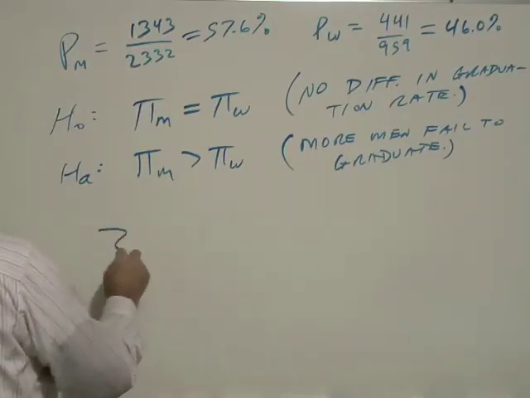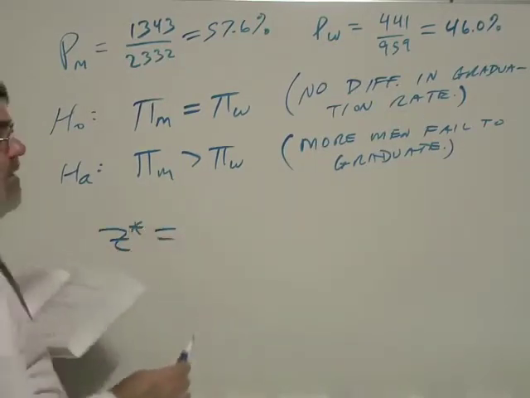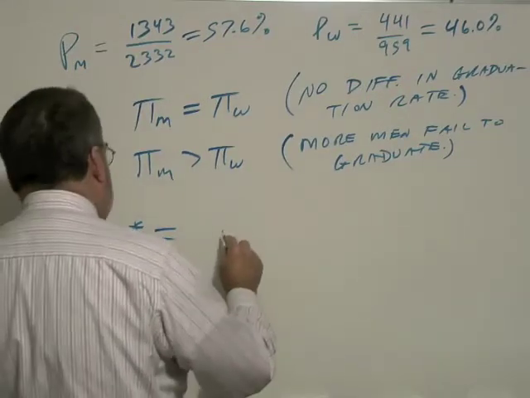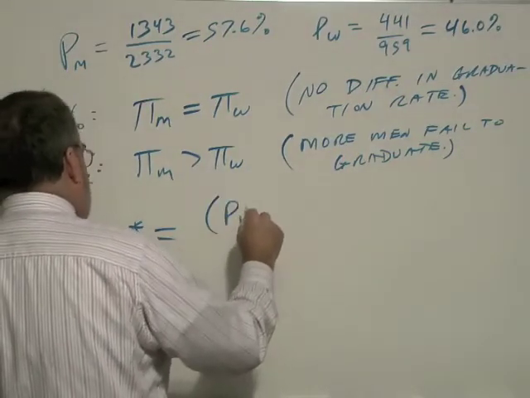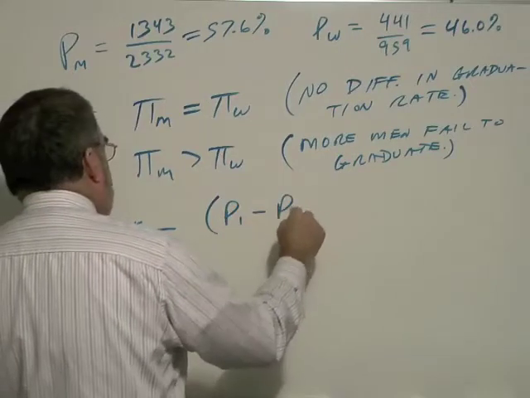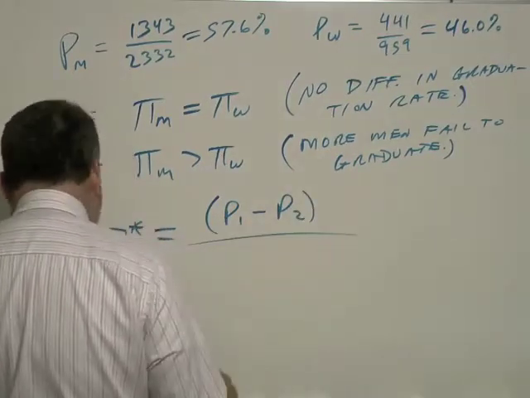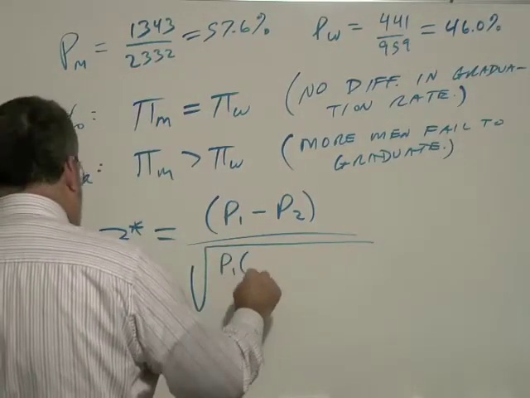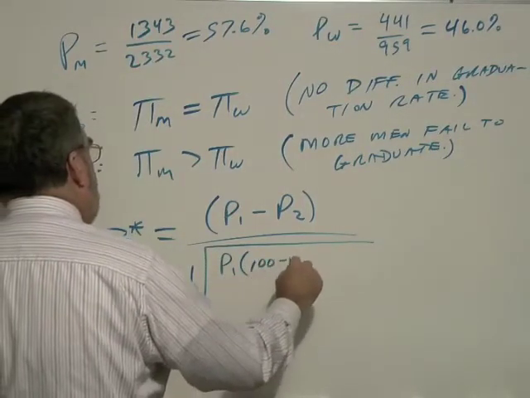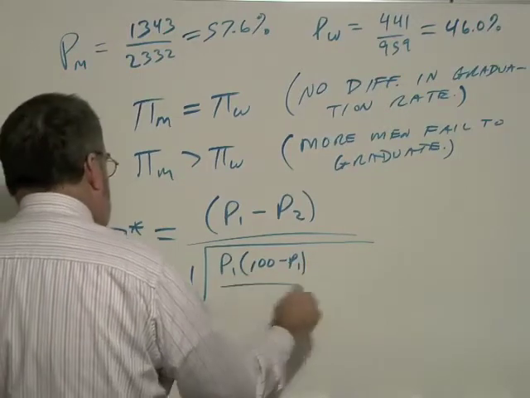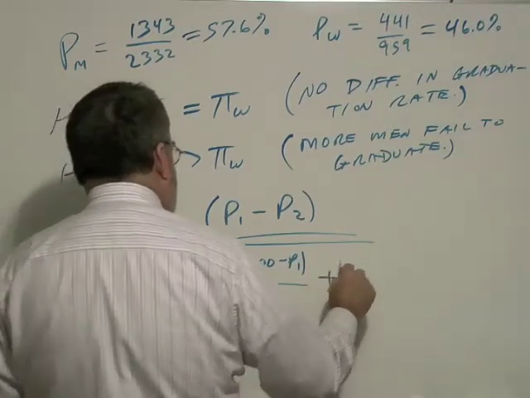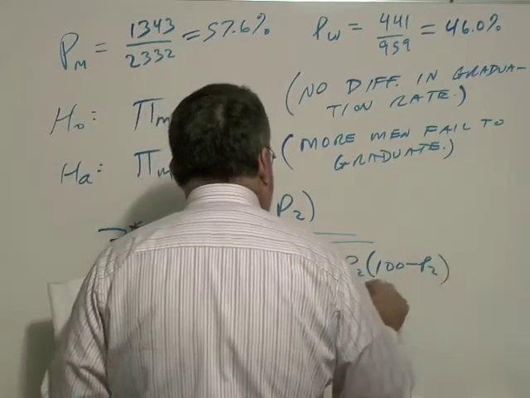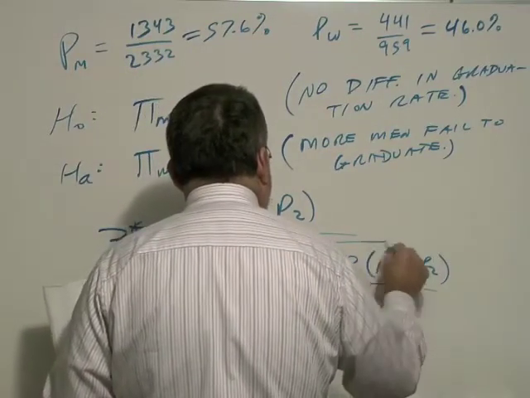Now, z-star, I like to call it the calculated z-score, is the difference in the populations, P1 minus P2, divided by the square root of P1 times (100 minus P1) divided by N1, plus P2 times (100 minus P2) divided by N2.